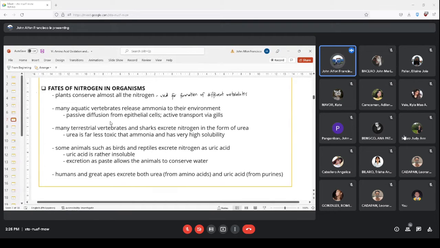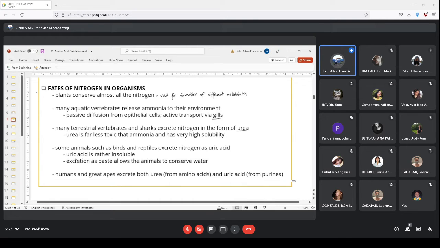While many aquatic vertebrates release ammonia to the environment by either passive diffusion from epithelial cells or active transport via gills. Okay? So many terrestrial vertebrates and sharks excrete nitrogen in the form of urea. So for example, us humans, we excrete urea in form of urine, and urea is far less toxic than ammonia and has a very high solubility in water.